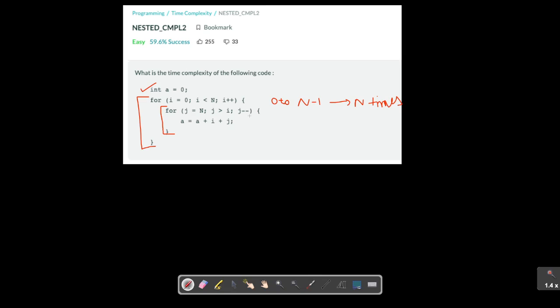The inner loop, however, is a little bit dependent on the value of I. So for the case, let us just take that there are n numbers.